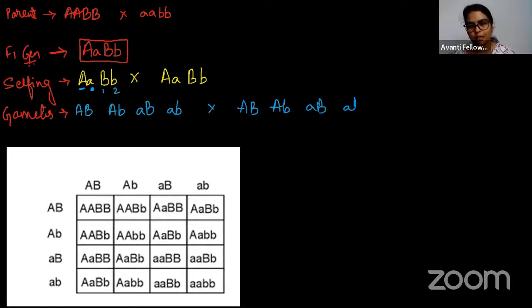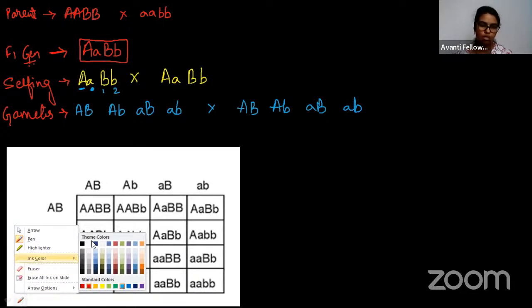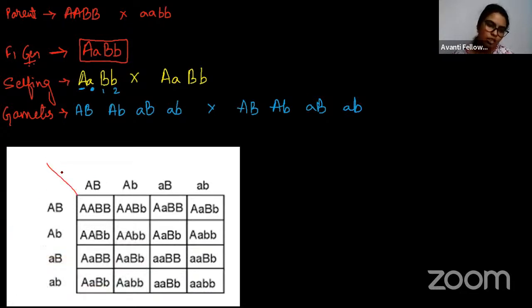After the gametes, if we do the cross here, we will consider one set as male and the other as female. These are all the gametes that you see here, and we are crossing between the gametes.